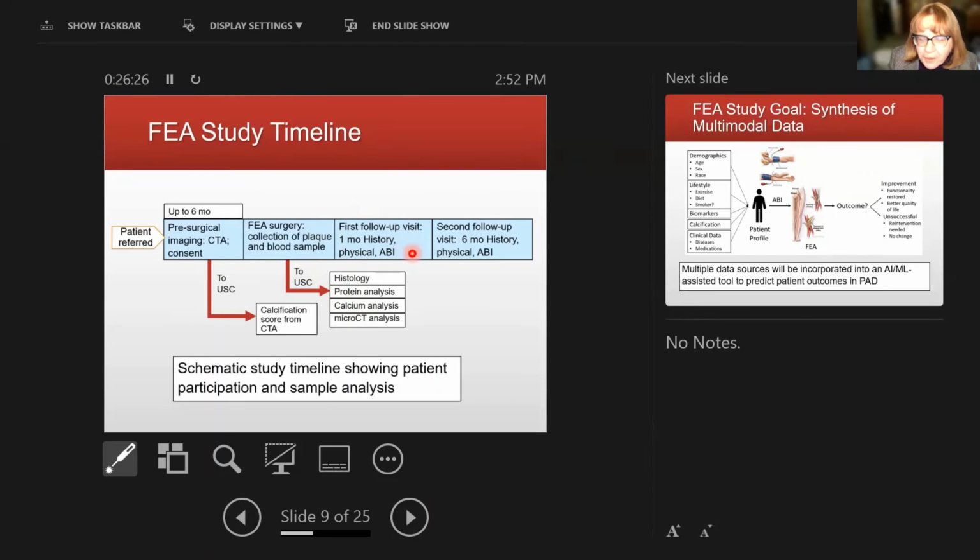Anything below a level of 0.4 is considered chronic limb-threatening ischemia, but anything less than 1 indicates some extent of ischemia. We get this information from the patients on multiple follow-ups, so we can try to relate the calcification score and the protein biomarkers to patient outcomes in this study.